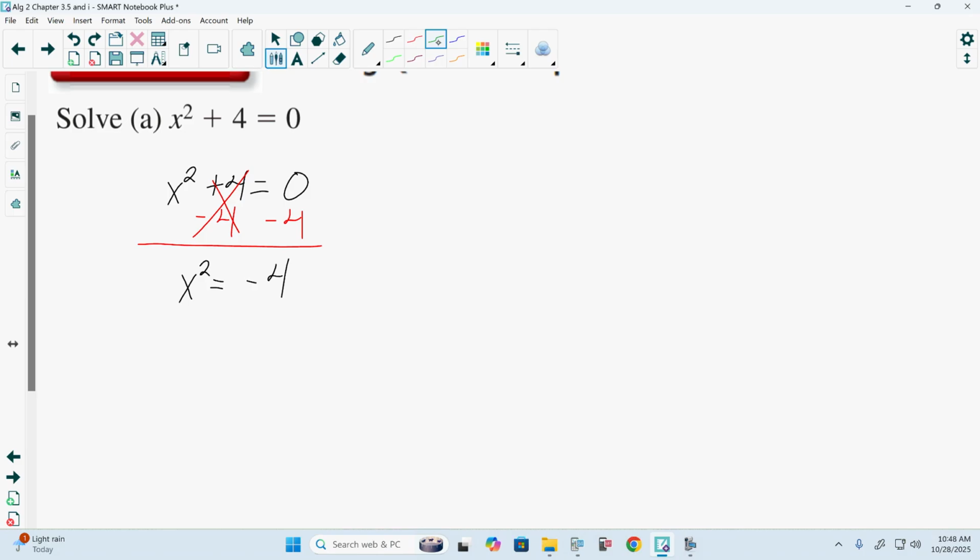Now at this point here, we can take the square root of both sides. Now on the left-hand side, our square root of x squared is going to give us x, equals plus or minus. So we have to take the square root of negative 4.